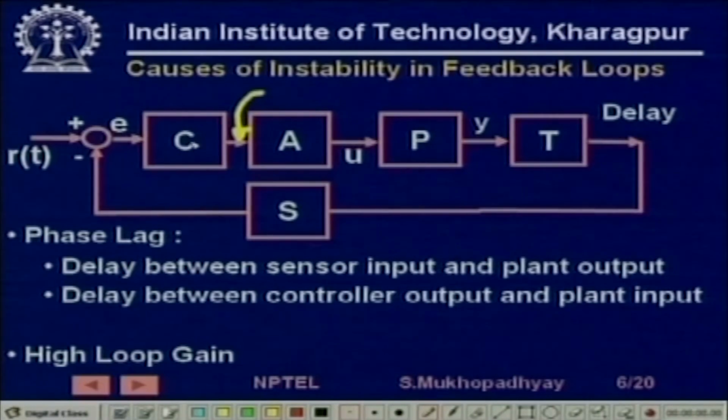Then also there is an overall delay, basically every time we have to see what is the delay or phase lag between this point and this point, that is the loop phase delay. So, it could be here, it could be here, even it could be here, it could be at any point, or it could be even in the sensor.